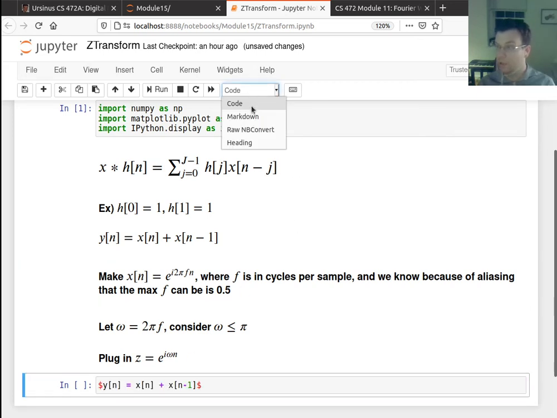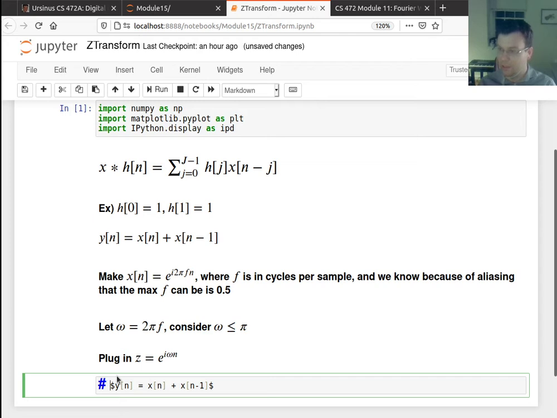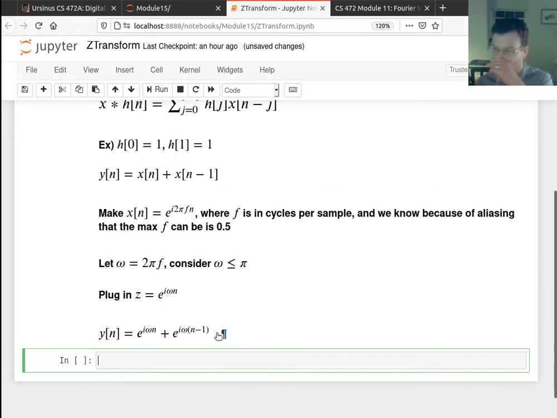So let me plug in e to the i omega n, and what I get is y of n is equal to e to the i omega n plus e to the i omega quantity n minus 1. That's what I get when I plug this in.